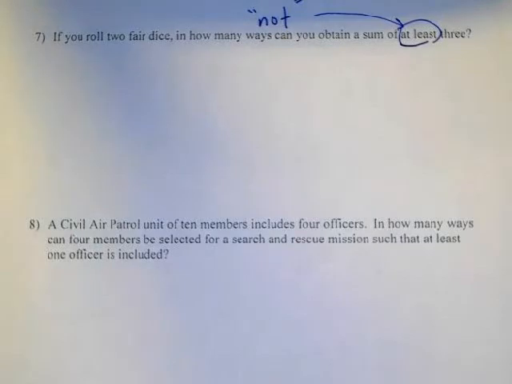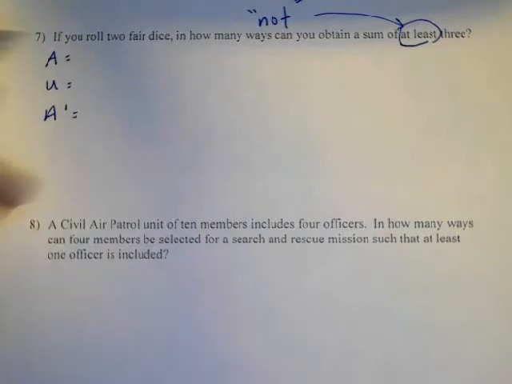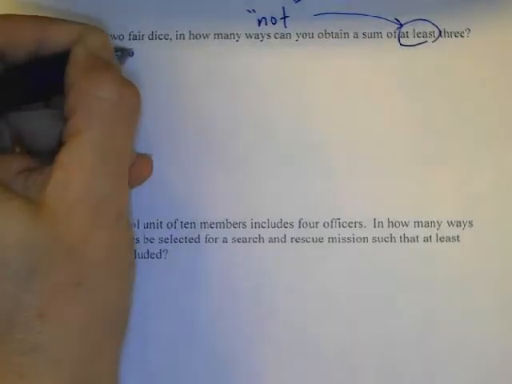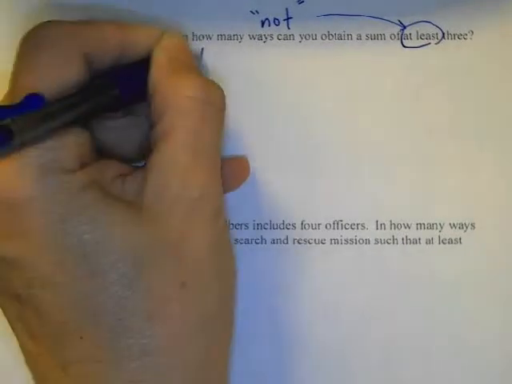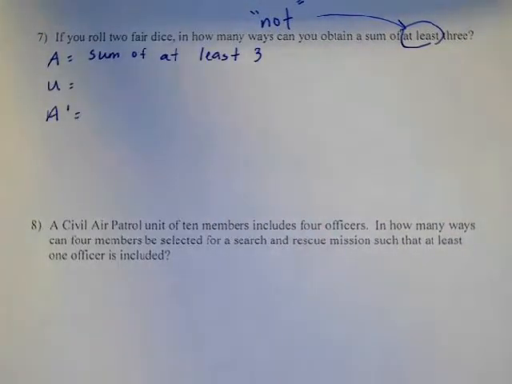That's a clue that you need to make this an A, U, A prime problem. So what I do first is write in words what each of these letters represents for this problem. Remember, A is what I want. So I want a sum of at least 3.